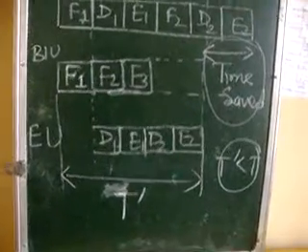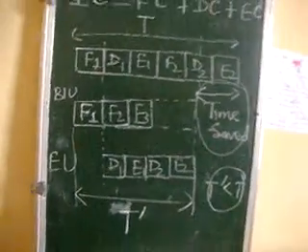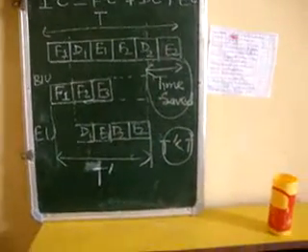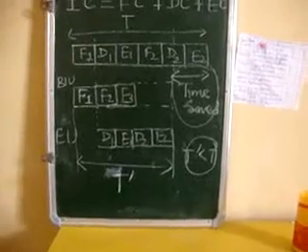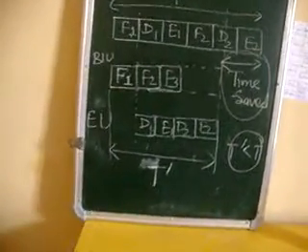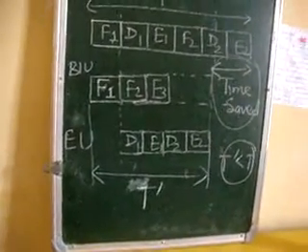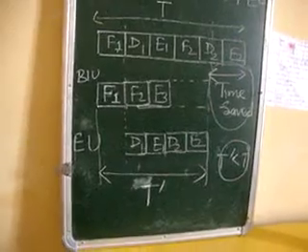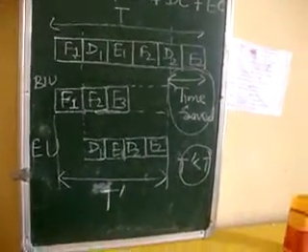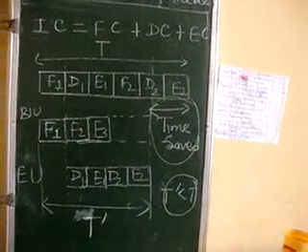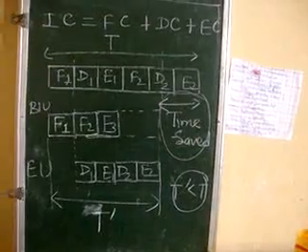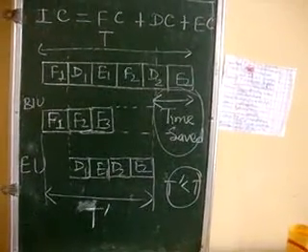So this saving of time is possible due to the parallel processing of bus interface unit and execution unit, and this process is known as pipelining. So with the availability of instruction queue, pipeline architecture is possible, which saves much of the time and which increases the speed of the processor.